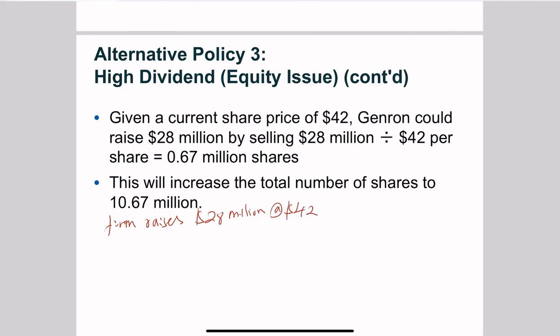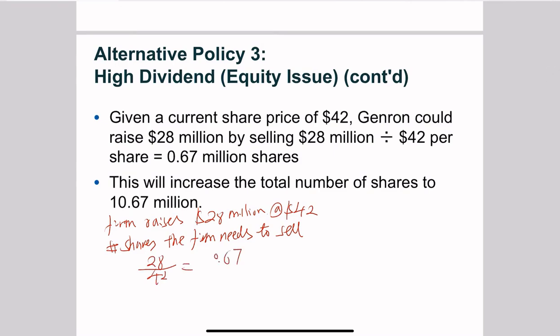So basically now you can see how many shares the firm can sell. The number of shares the firm needs to sell will be given by 28 divided by 42, which is 0.67 million shares.